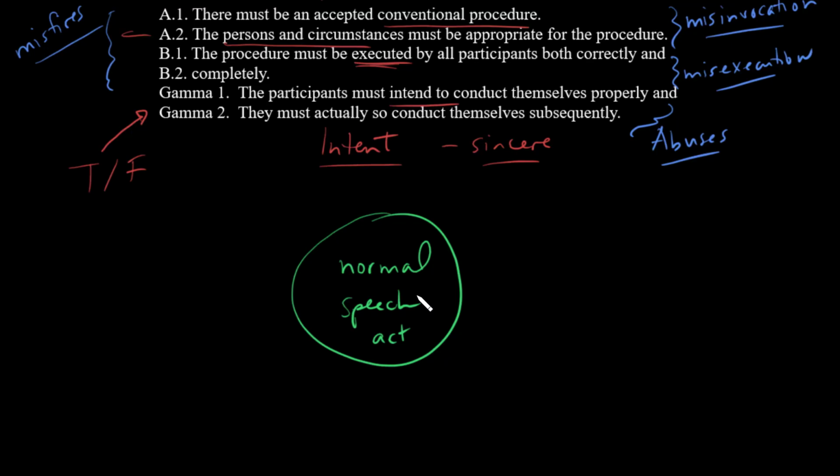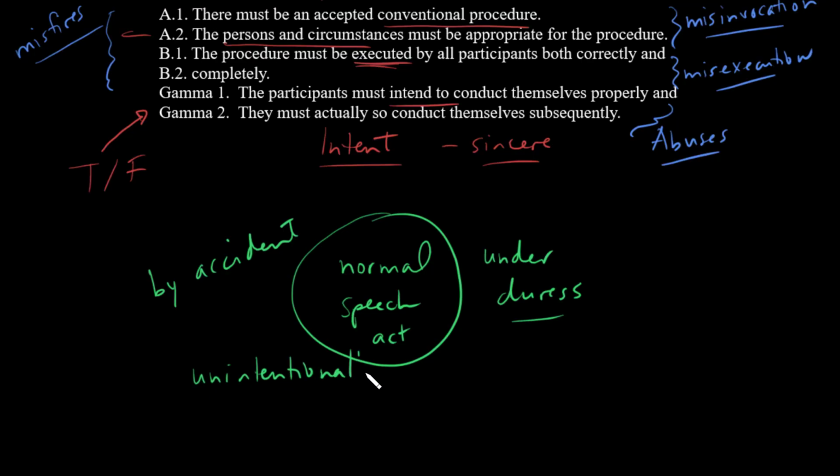And these are things like a speech act that's made under duress, for instance. You are forcing me to baptize people, and I don't want to do it. Or by accident. I walk into a marriage ceremony, and by accident I say I do, but I didn't mean to. Or by mistake, or unintentionally.